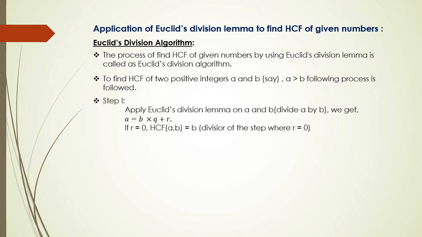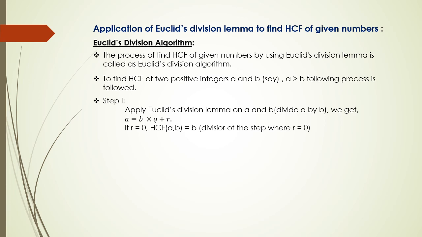Step 1: first of all, we compare the numbers. We have already considered that a is greater than b. So we apply Euclid's division lemma on these 2 positive integers a and b. That is, we divide a by b, the greater number by the smaller number. After division, we get some quotient and remainder.